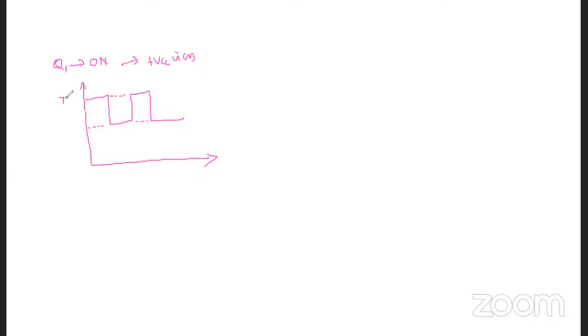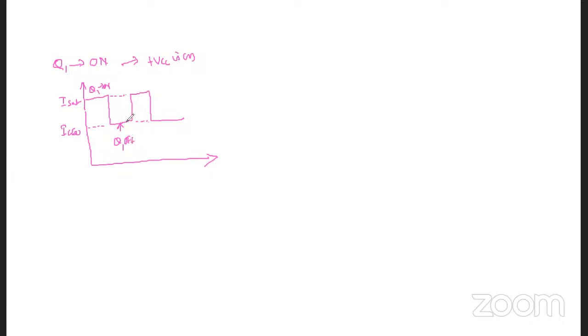So this is the current saturation position. This is ICEO. This one is where Q1 is on, and this one is where Q1 is off.